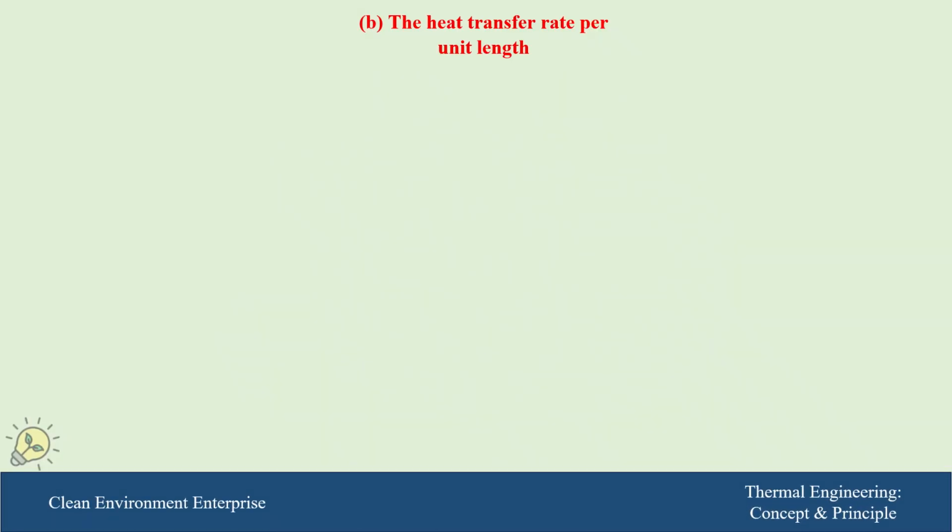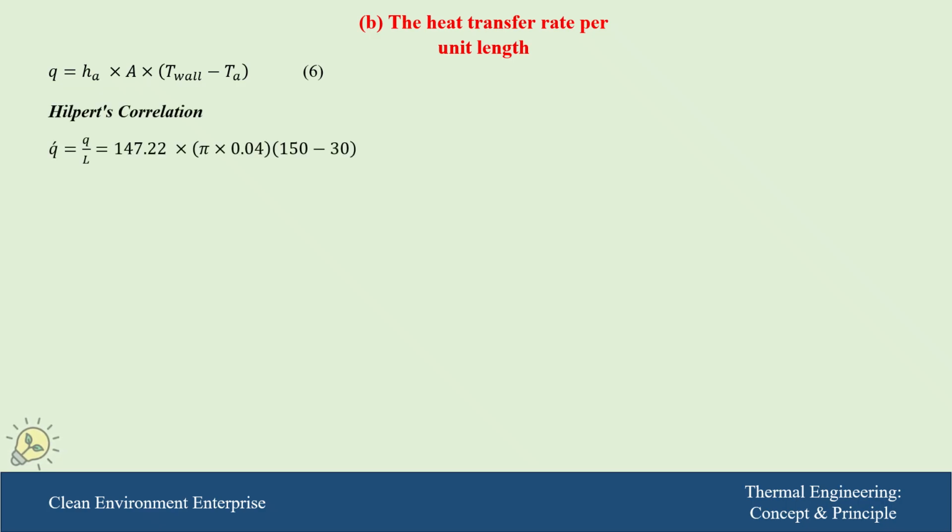To find the heat transfer rate per unit length, we have the general form of convection heat transfer Q equal h times A, where A represents the surface area, times T wall minus T infinity.